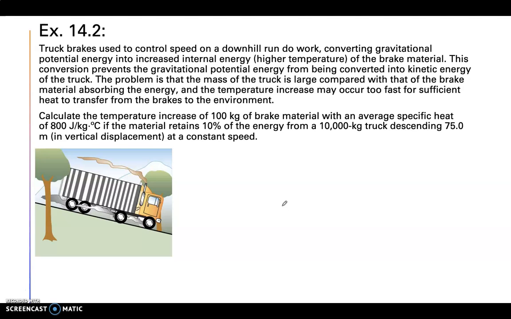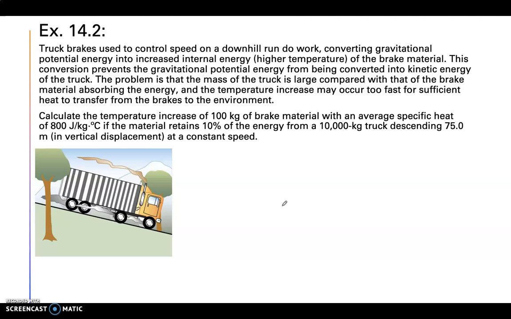And the temperature increase may occur too fast for sufficient heat to transfer from brakes to the environment. Calculate the temperature increase of 100 kilograms of brake material with an average specific heat of 800 joules per kilogram degree C if the material retains 10% of the energy from a 10,000 kilogram truck ascending 75 meters in vertical displacement at a constant speed.